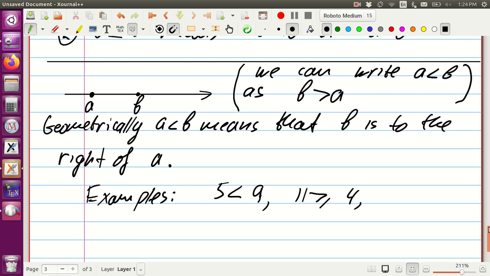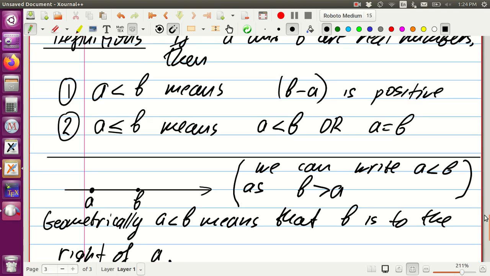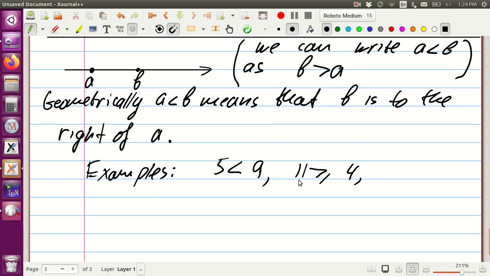Because according to the rule, it could be that A is less than B or A is equal to B. And we know that 11 is greater than 4, so it's also greater or equal than 4. And also we know that 6 is greater or equal than 6. Why? Because 6 is equal to 6. Therefore, it's greater or equal than 6.